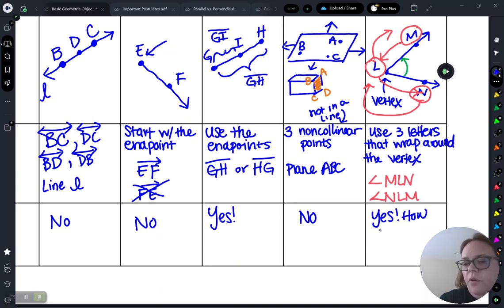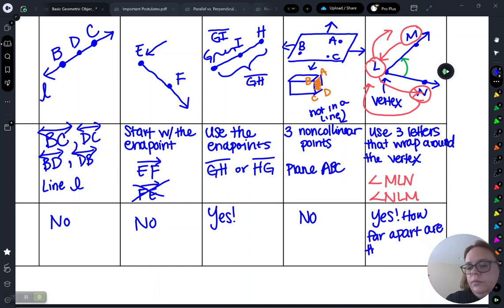Basically, we're looking for how far apart are the sides of the angle. And we measure it in degrees. Although we will learn also another one, but you're used to degrees for now, and that's fine. But there are other ways.